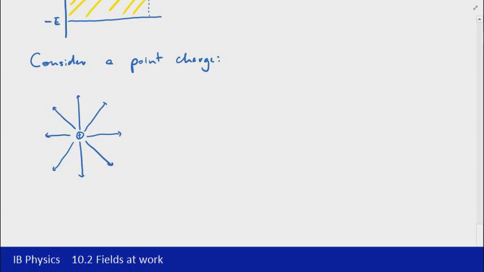And hopefully you can recall from subtopic 5.1 on electric fields, the equation for the electric field strength around a point charge is given as E equals kQ on R squared, where Q is the charge that we're dealing with here, and distance R is the radius or the distance away.